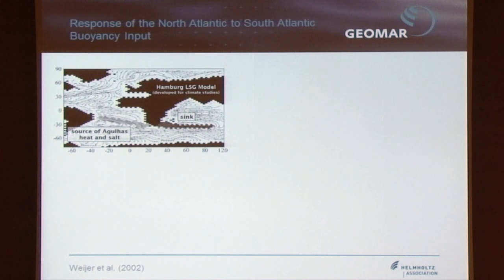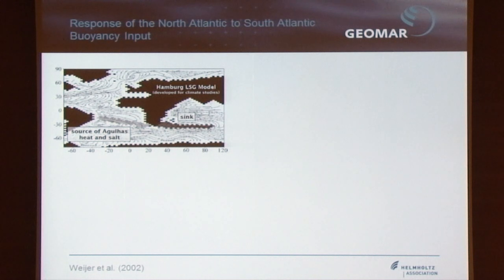Now, what happens if you bring more water to the Atlantic? So what's the effect? Of course, we have some evidence for that from the literature so far. More than 10 years ago, Wilbert Dwyer started a first approach using a model. And 10 years ago, the models were not capable of simulating the nonlinearity of Agulhas leakage.